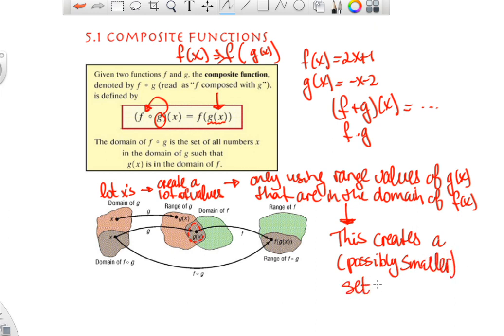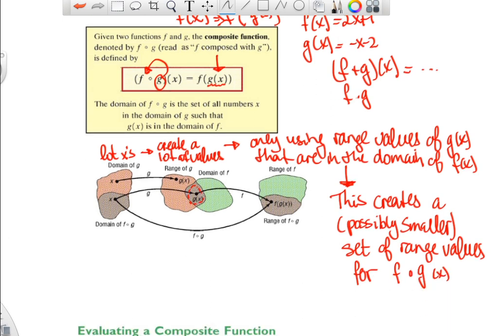So this creates a set of range values for f of g of x. Okay? So that's the idea here.